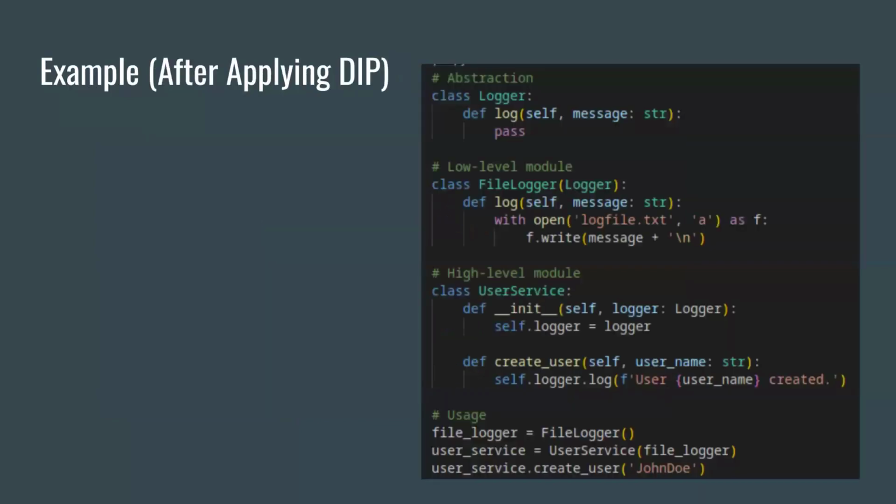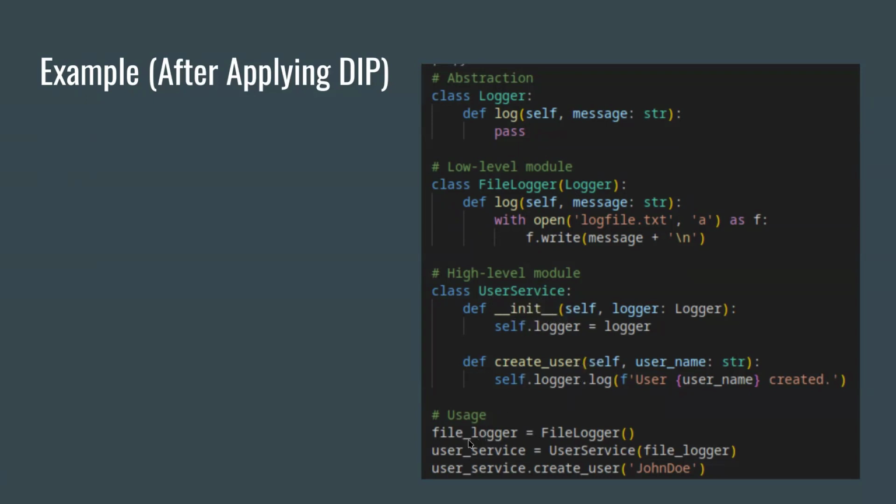So if you were to refactor the code to apply the dependency inversion principle, you can see that we have a class Logger that has a log method, and we have FileLogger that is a subclass of this Logger, and we have another high-level module, the UserService class, which has an init method, which is the constructor, and create_user.